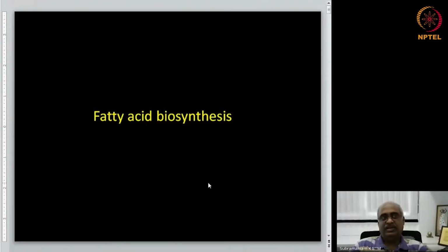Only when you have an odd number of carbon atoms in a free fatty acid, the last step generates propionyl-CoA, a 3-carbon molecule, and that is carboxylated to make methylmalonyl-CoA, and then an epimerase and a mutase convert that into succinyl-CoA.